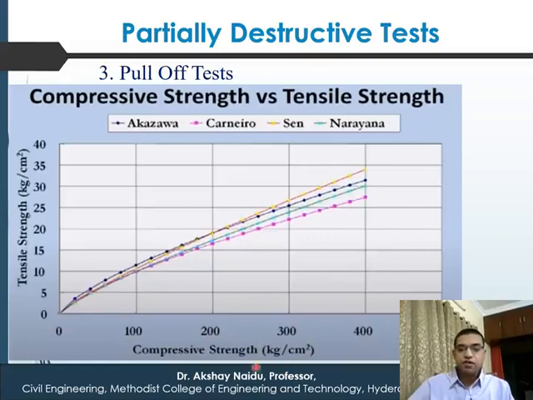We can of course convert to SI units, but these slides are taken from the NPTEL course, which in turn they have taken from researchers of Japan. So there are 4 cases of 4 different researchers who did research and plotted the relationship between tensile strength through pull-off test and the compressive strength.